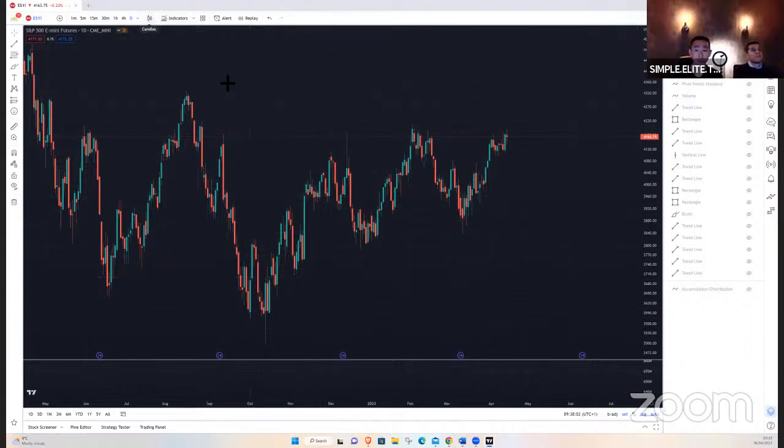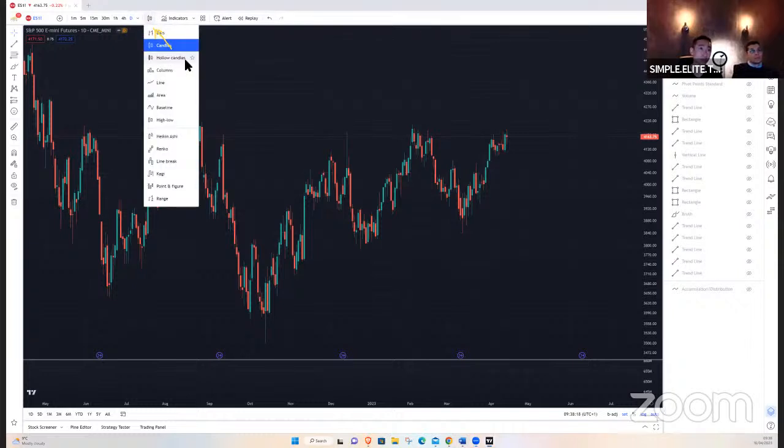On the top, let me just get a pen. Right here, you can select your type of price, which I use candlestick. You can obviously choose lines, columns, and hollow candle or those kind of thing.